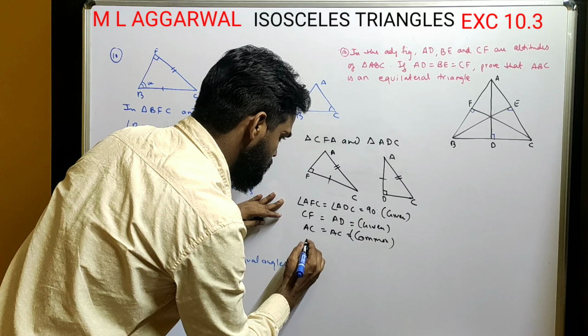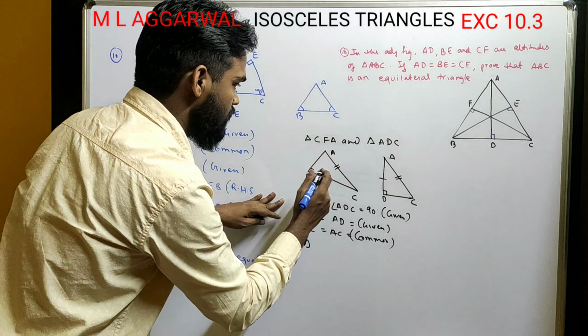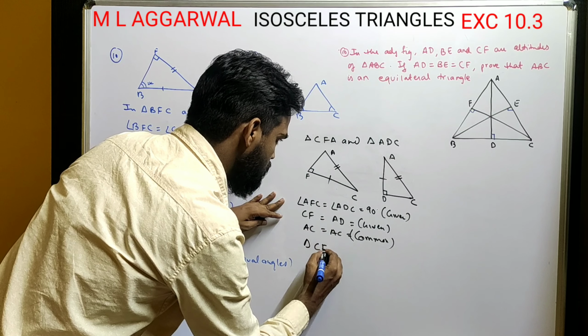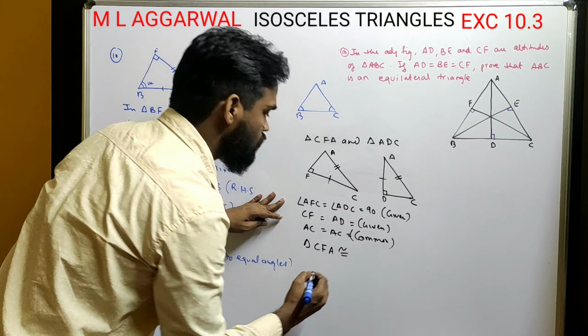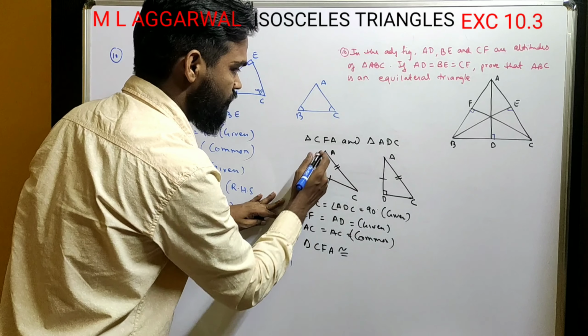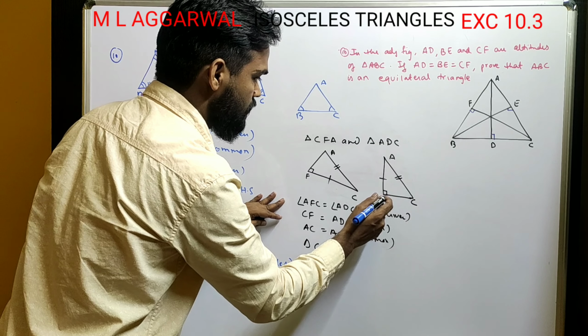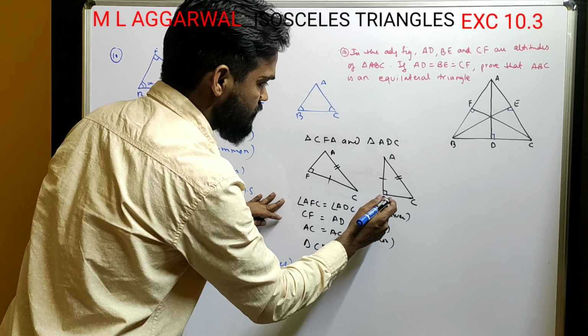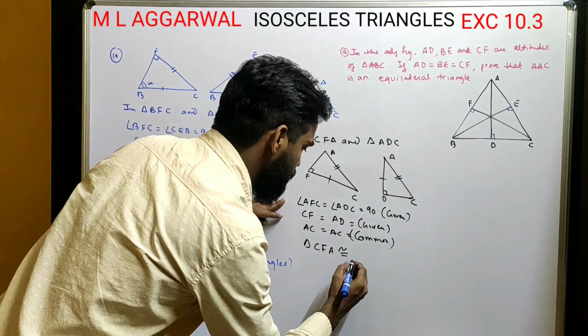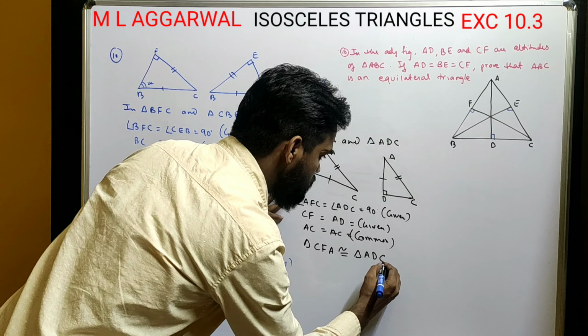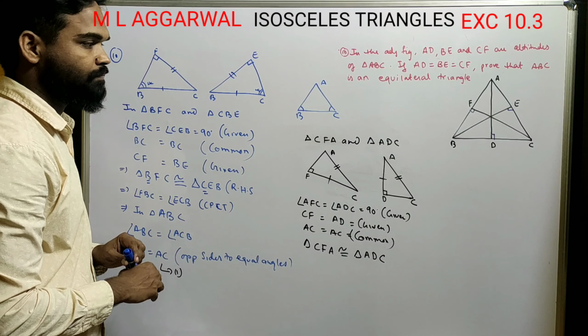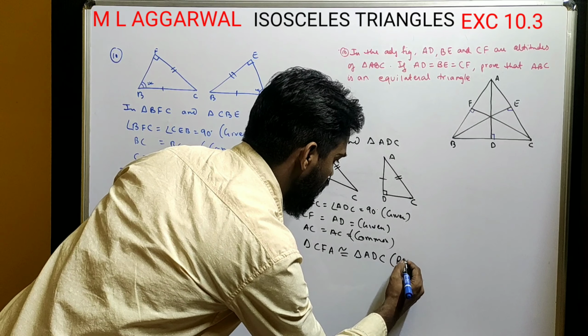which means triangle CFA is congruent to triangle ADC, isn't it? This is RHS.